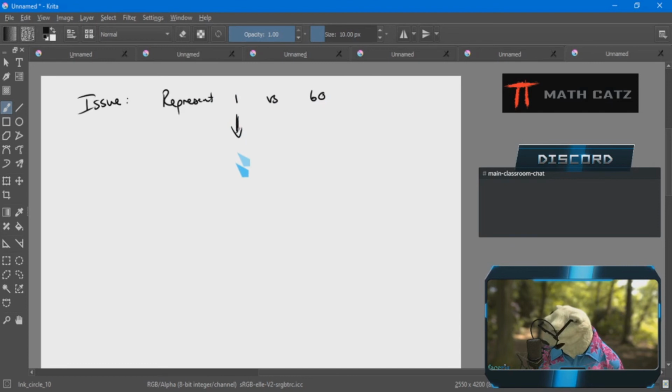Now the 1 is obviously 1. The 60, however, is one group of 60 plus no ones, which will then be 1 space nothing.